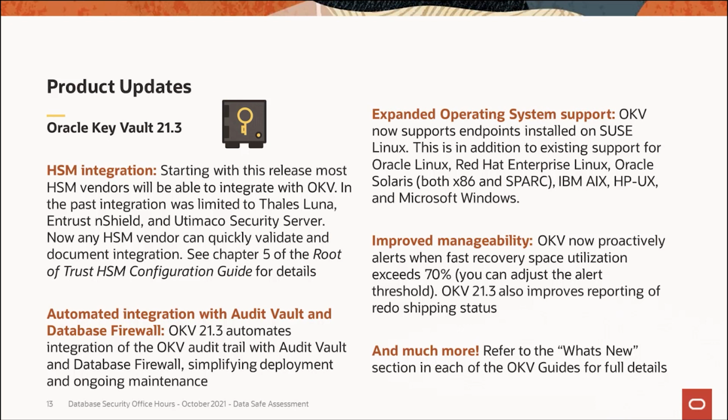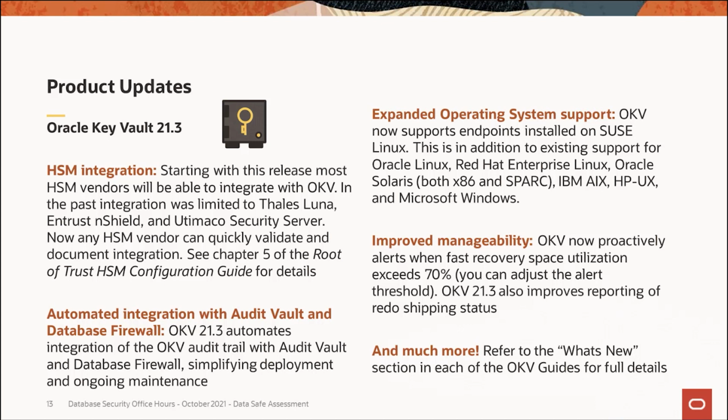But with this new paradigm, the field opens up much wider as you begin to see more proliferation in the HSM market. We've also done some things in this update to improve manageability. We've automated integration with Audit Vault and Database Firewall so that the audit trail from your Key Vault is a lot easier to include in Audit Vault. You could do this before, it just required more manual steps.